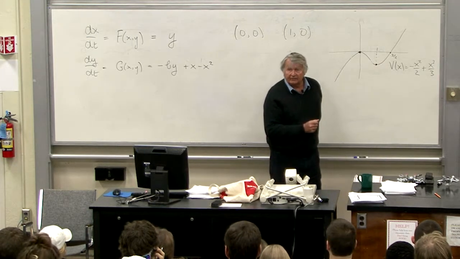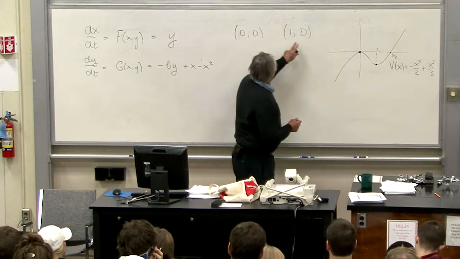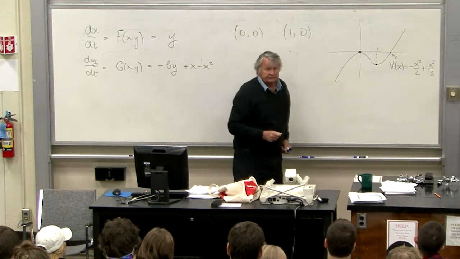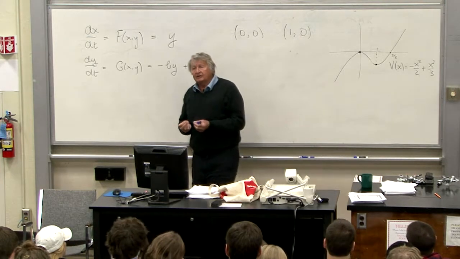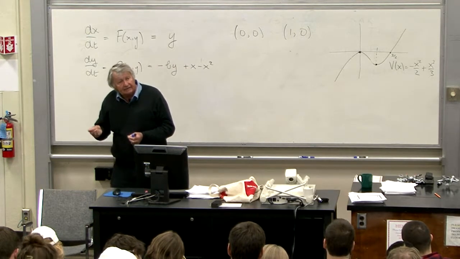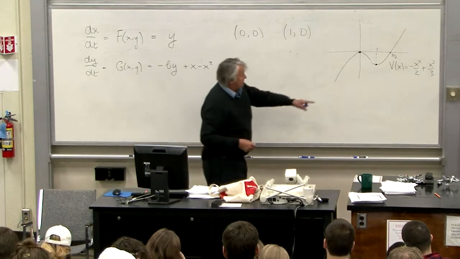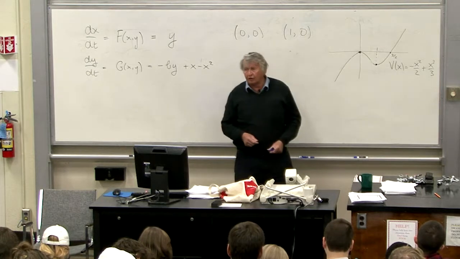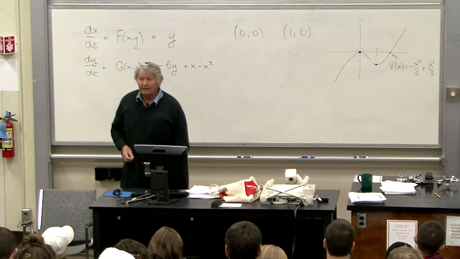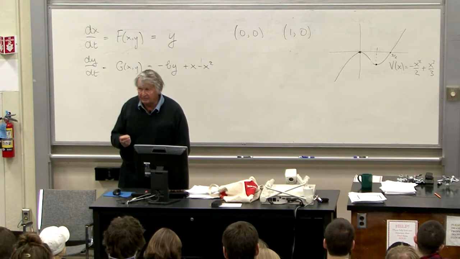Namely, if I start near this pair, 1, 0, the position is 1, the velocity is 0, and I move it slightly away from the 1, and I give it a little velocity, the question is, will it always stay in this neighborhood? For all time. If it does, we say that equilibrium point is Lyapunov stable.